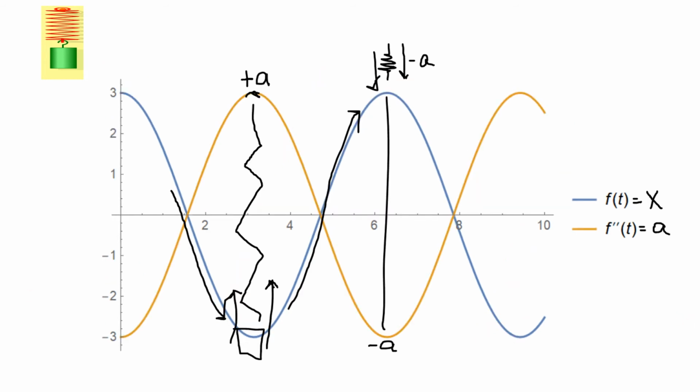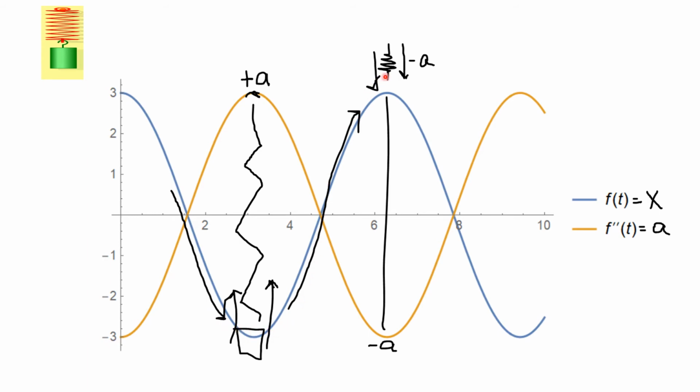Here's a comparison of our position with our acceleration. The blue line is position again. So let's say we've stretched it all the way down. So at the bottom, our spring is all the way stretched out and it's pulling up. So the spring is pulling up. We have a positive acceleration where our position is at a minimum.